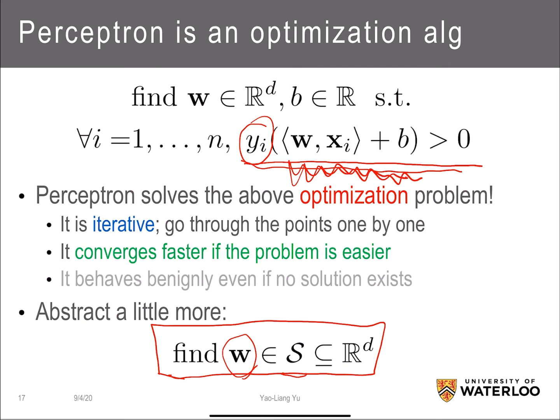You're going to find a point in some solution set. All of these algorithms are doing this. The difference is, what do you mean by a solution set? We are going to see this maybe in the next lecture and then throughout the course.